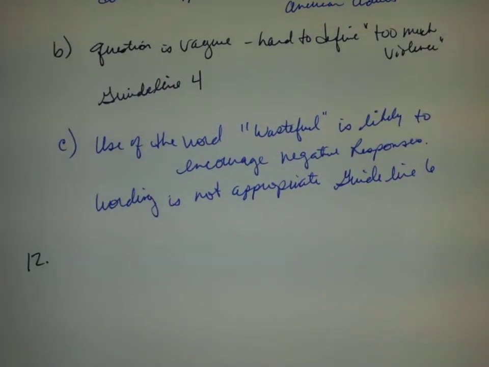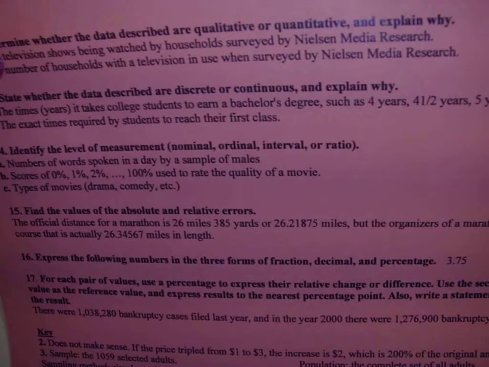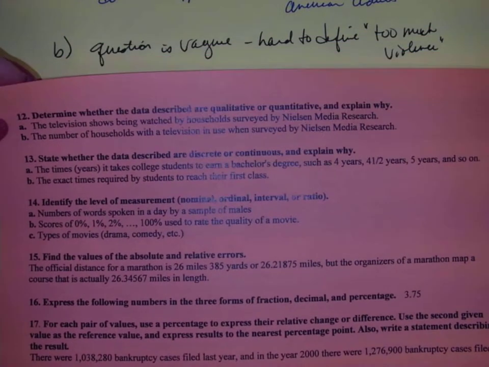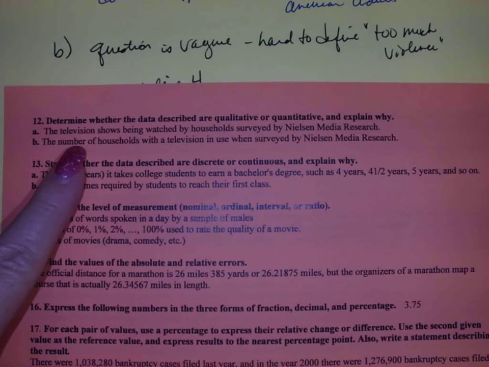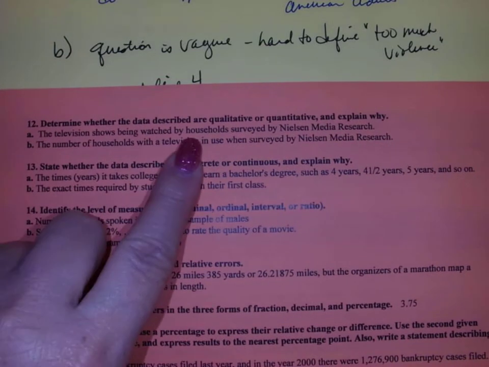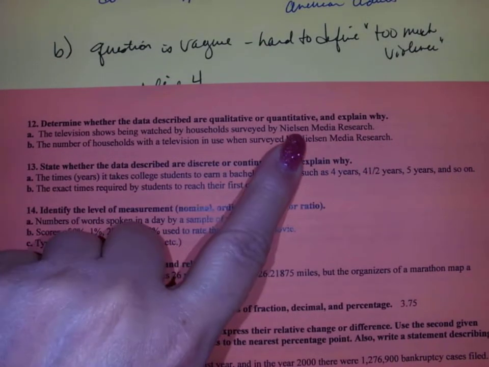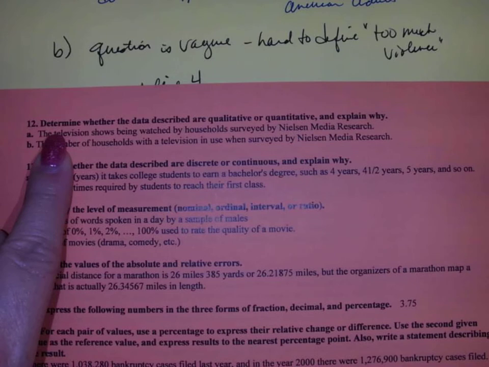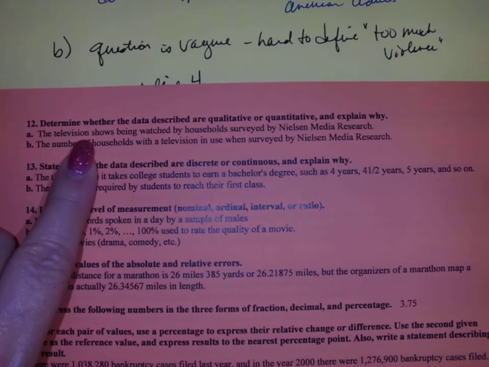All right, number 12, identifications. For each, determine whether the data described are qualitative or quantitative and explain why. The television shows being watched by households surveyed by Nielsen Media Research. So we're talking about the television shows that are being watched. Well, television shows, those are a name, right?